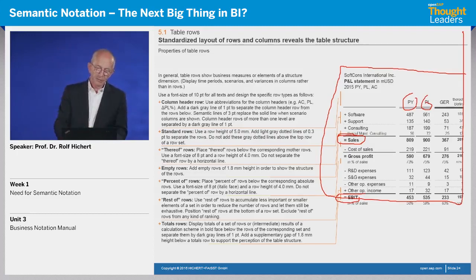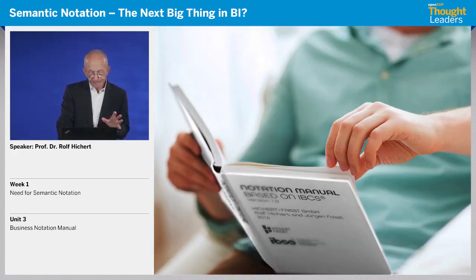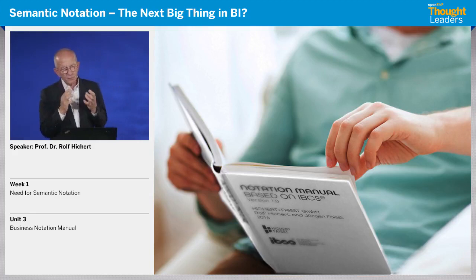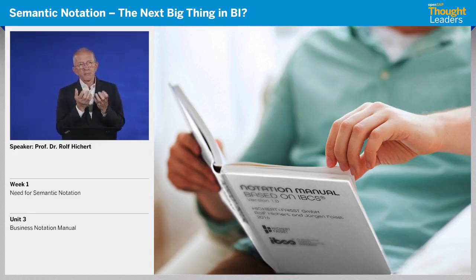We'll come back to the tables in a later unit and show you some more details. Altogether, I want to say we have this notation manual as a basic idea, a basic concept of what we have to do when we define the different tools, the different applications, the different PowerPoints, covering these semantic rules and, of course, giving examples.